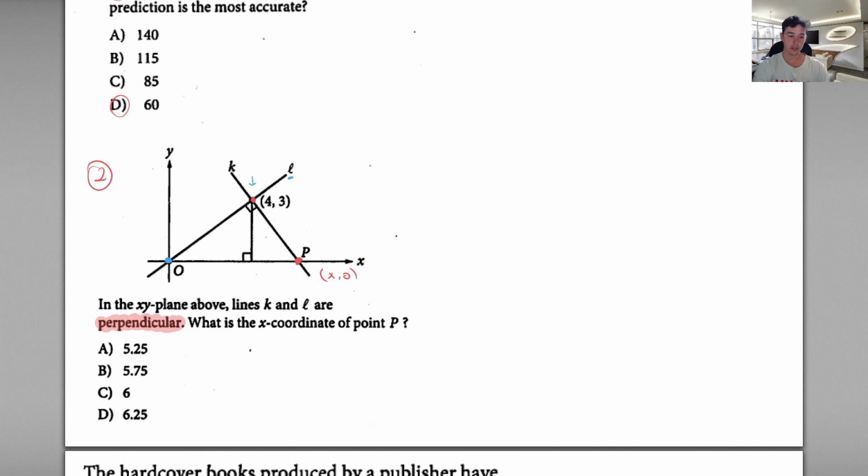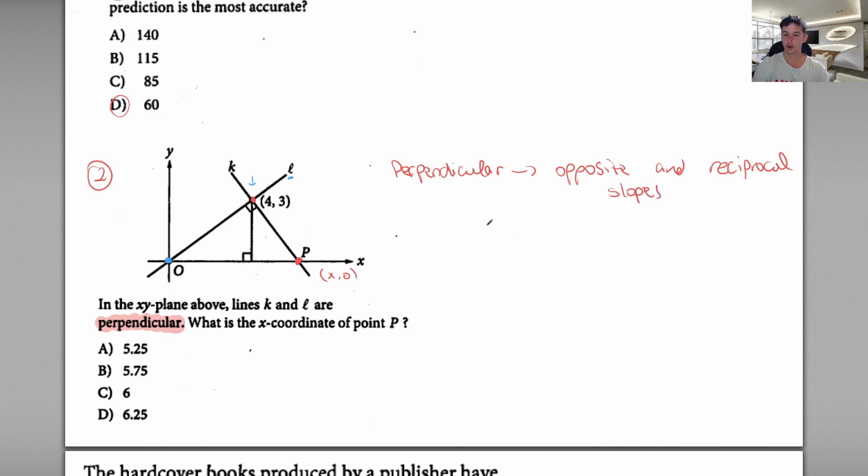And if you did the intensive with me, this is in the system of equations section. Perpendicular, let me write it down here. Perpendicular: opposite and reciprocal slopes.